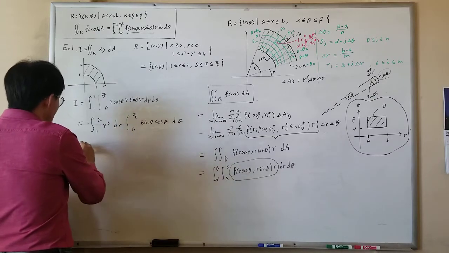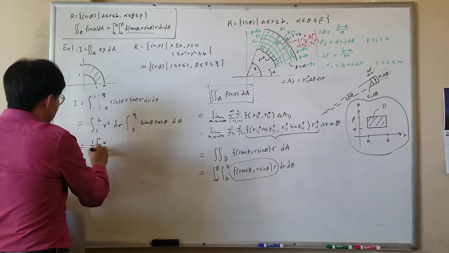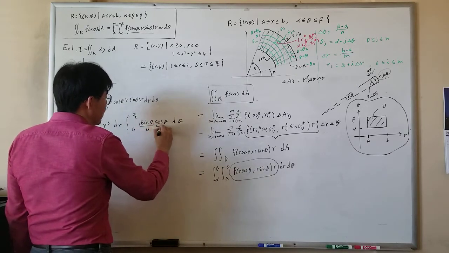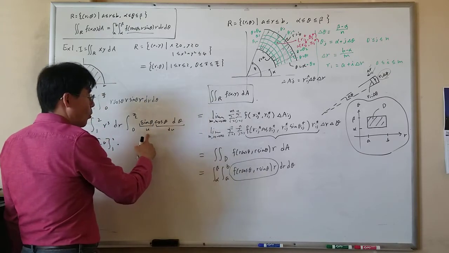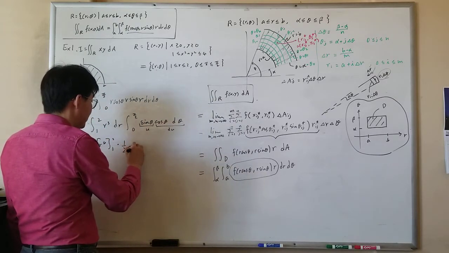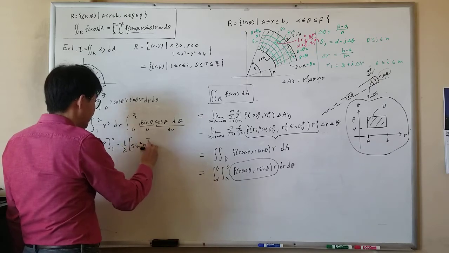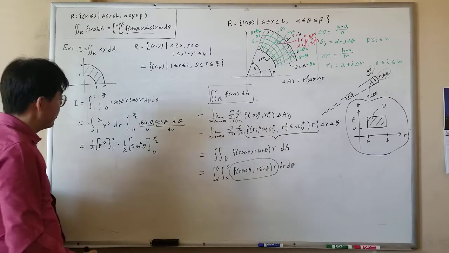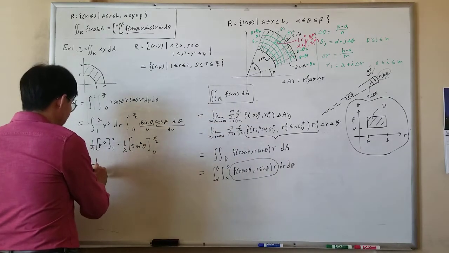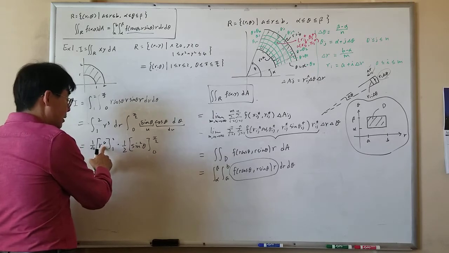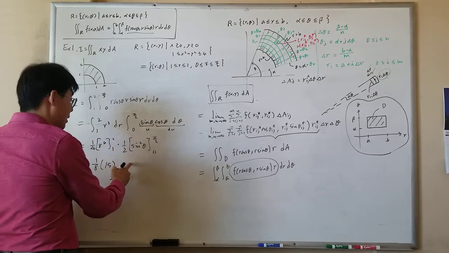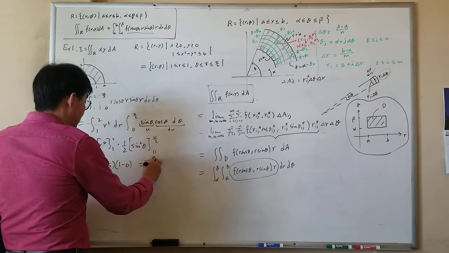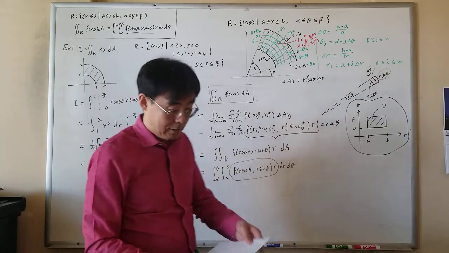This is 1/4 r to the 4th, 1 to 2, times, if you call it u, this is du, isn't it? 1/2 of u squared, 1/2 of sine squared. Then 1/8, this one is 16 minus 1, so 15. This is 1 already. Then 1 minus 0. 15 over 8. Okay?